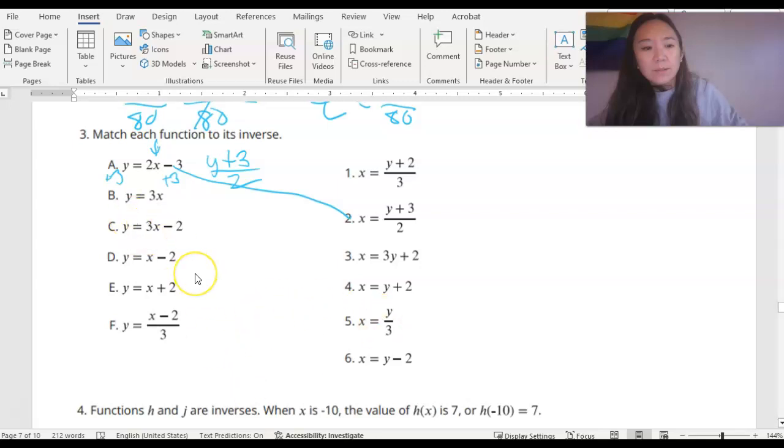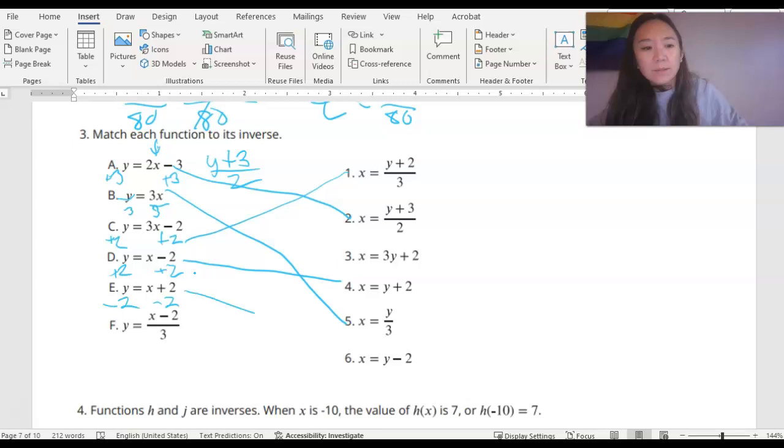For this one right here, we would divide by 3, so we would get x equals y divided by 3. That one's this one right here. Here I'm going to add 2 to both sides and then divide by 3, so that would be that one there. Here I'm simply adding 2 to both sides, so we should have y plus 2. And then here I'm subtracting 2 from both sides, so we'll have y minus 2.